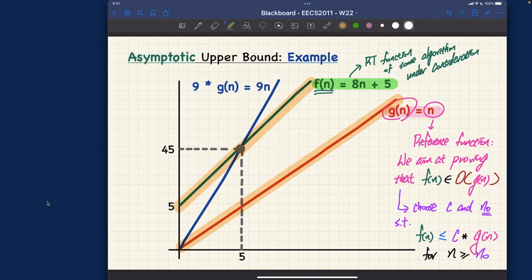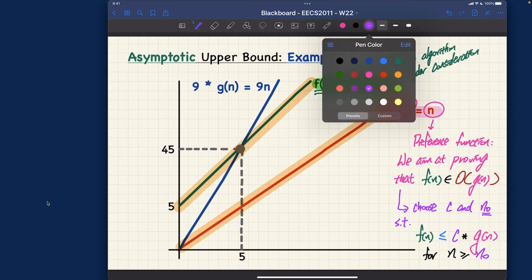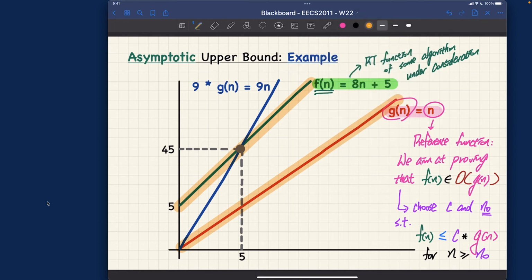If you look at these two, you can see f of n can never be upper bounded by g of n at any point.